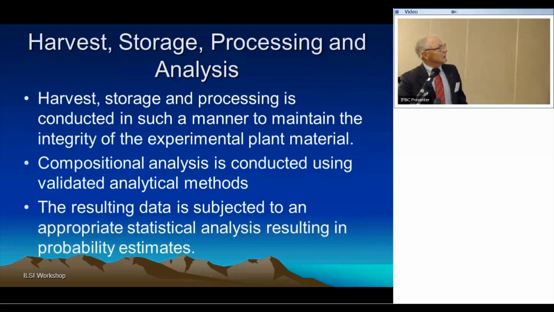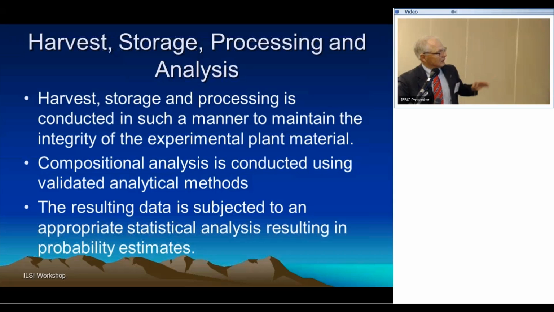Harvest, storage, and processing and analyses. Harvest, in other words, you're going to harvest them in a way that you retain the integrity of the sample, all right? So maintaining integrity is very important. So it's got to be harvested so you maintain that.